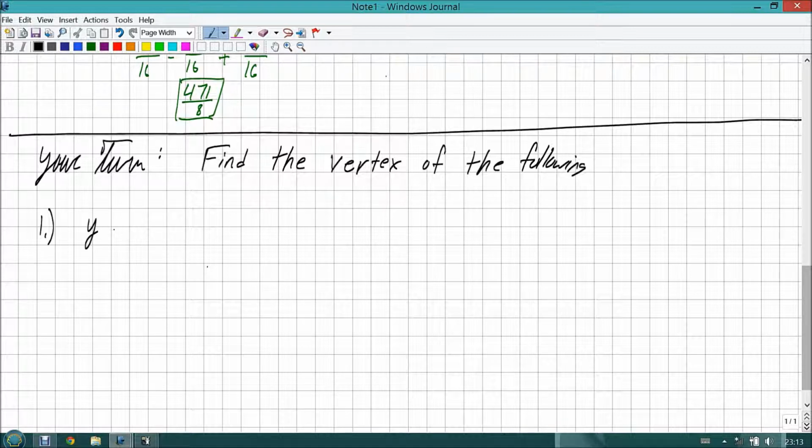Number 1 is going to be y is equal to x squared minus 4x plus 4. Number 2 is going to be y is equal to x squared minus 6x plus 24.